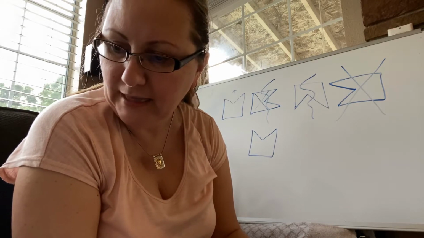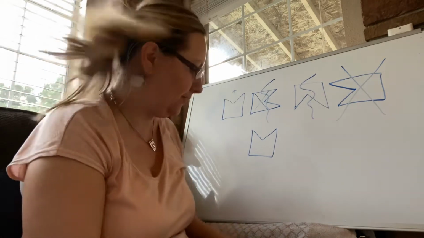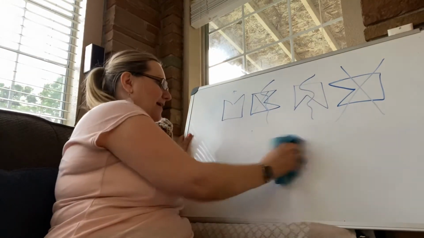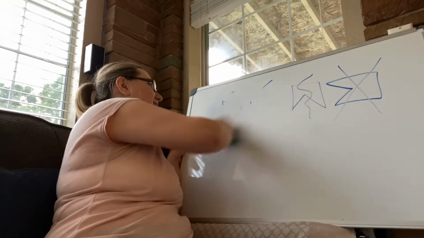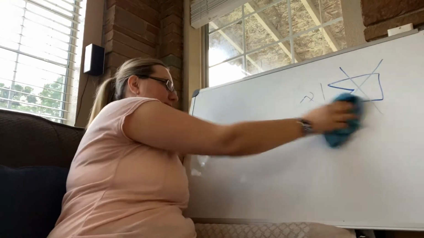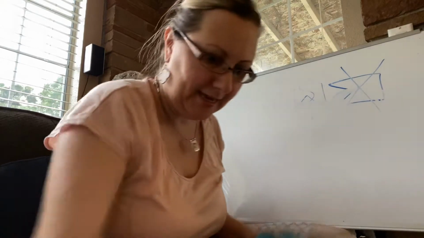What about letter B? If you were to turn that shape round and round, you would find that it does have rotational symmetry. Let's take a look at that one.